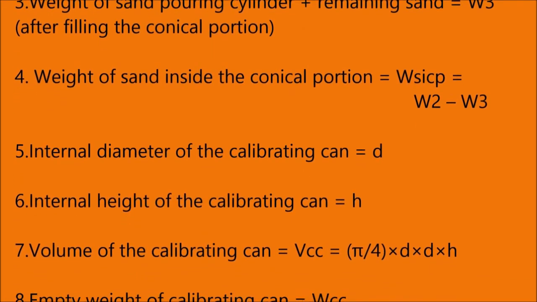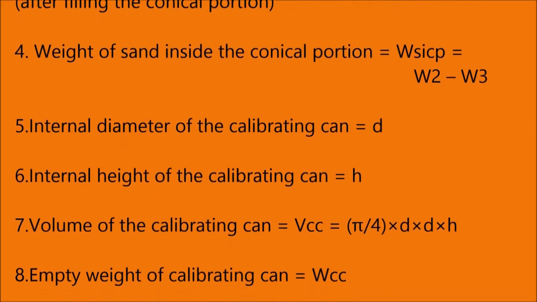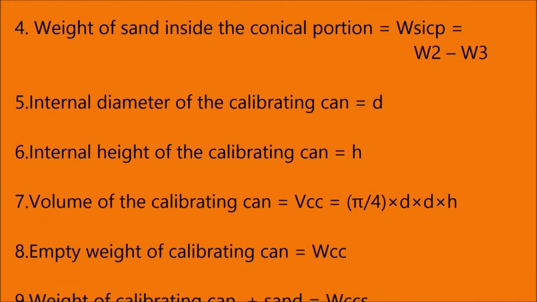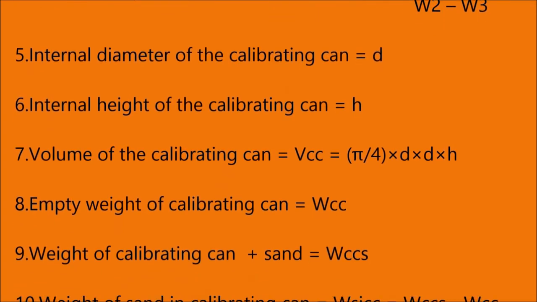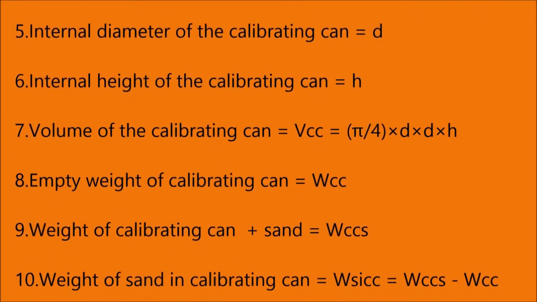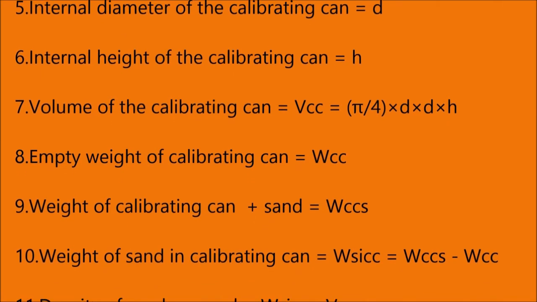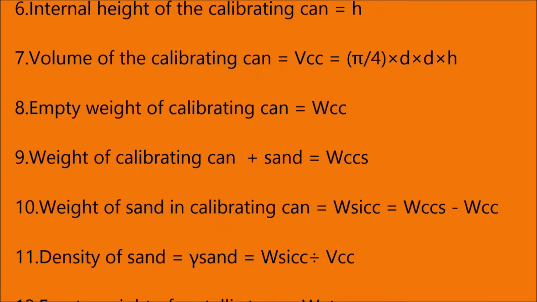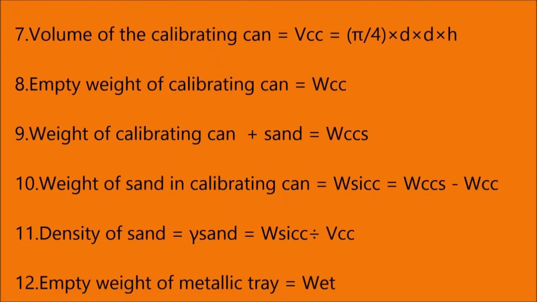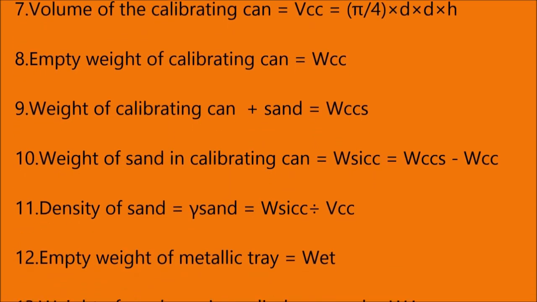Note the internal diameter and height of the calibrating can to calculate the volume of the calibrating can as VCC. Take the empty weight of the calibrating can and say it as WCC. Note the weight of sand plus calibrating can, say it as WCCS.